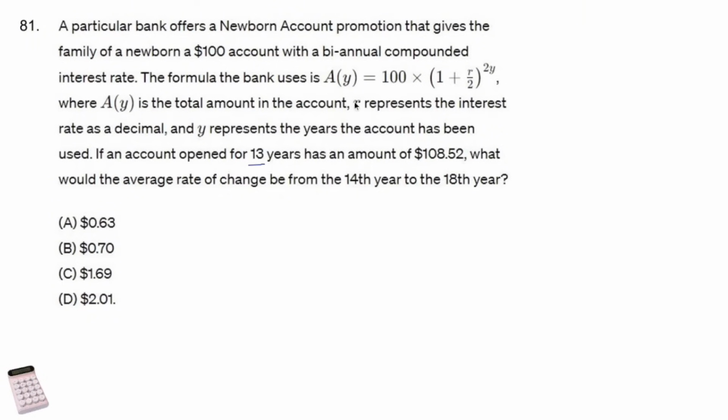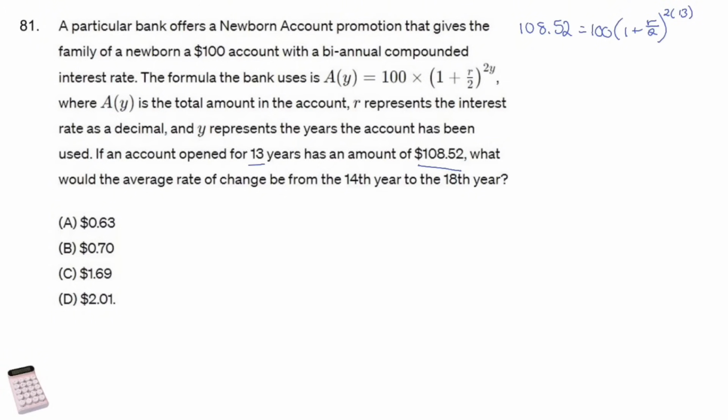Usually I use T for these problems, but Y is 13. And this would be A of Y, and set up an equation. So 108.52 is going to equal 100 times (1 plus R over 2) to the 2 times Y, which is 2 times 13.